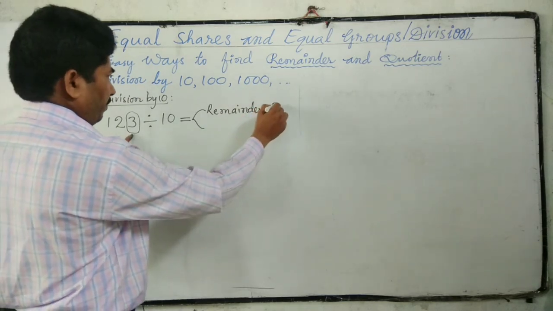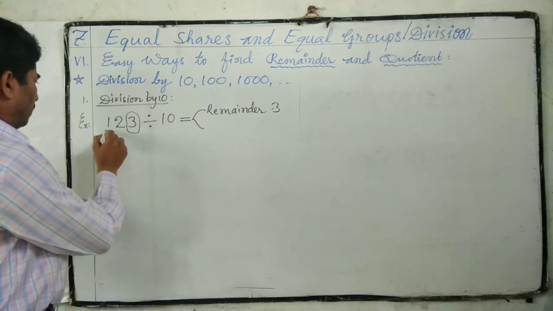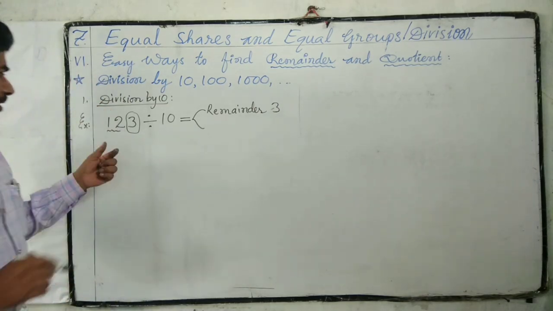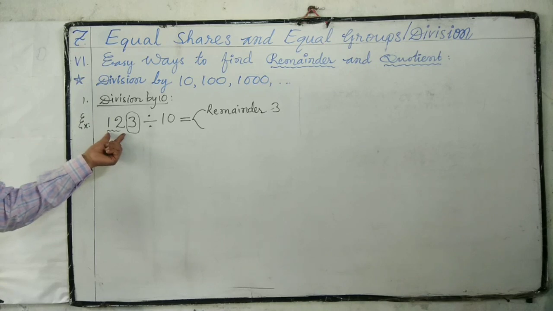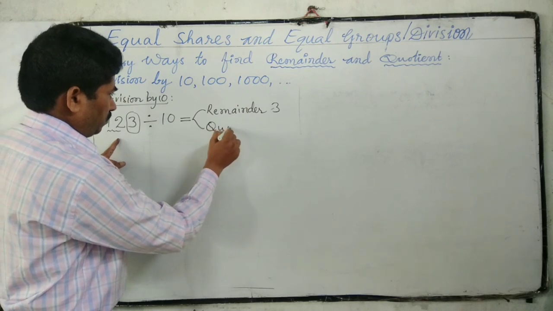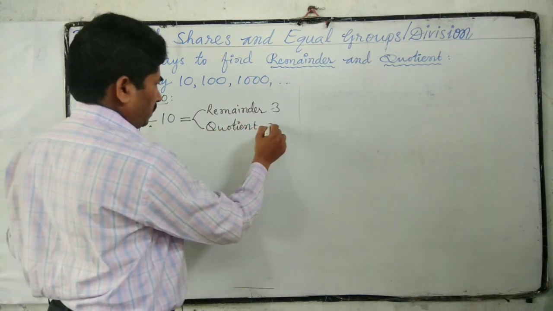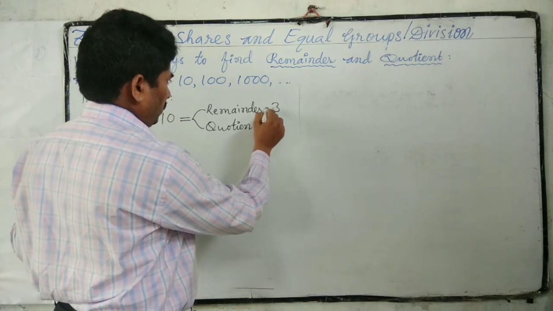Remainder is 3. The number formed by the remaining digits, 12, is the quotient.